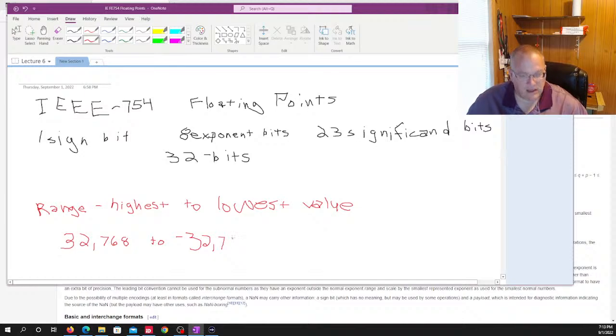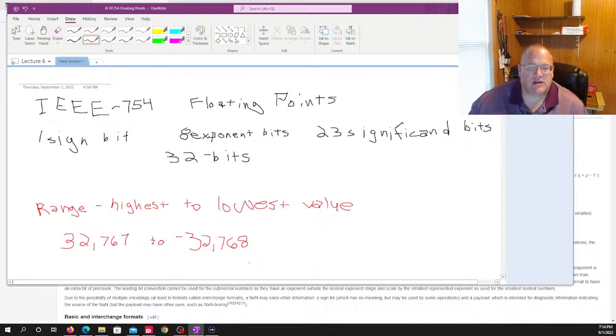Oh, I got something wrong. Anytime you do this, you always will have a disparity, because you have to have 0. One of the numbers has to be 0. In most cases, because of the way 2's complement works, or in this case the bias works, this is our range.